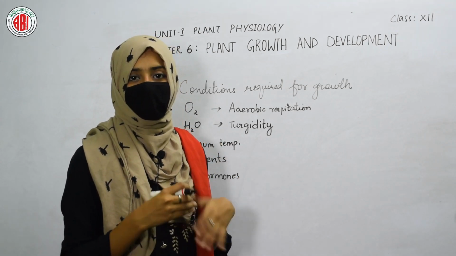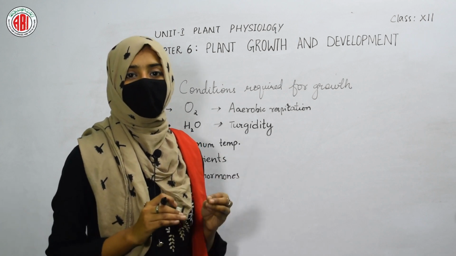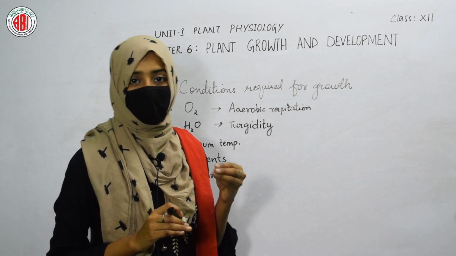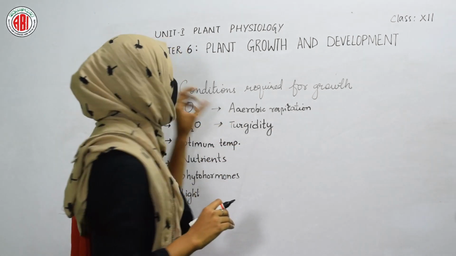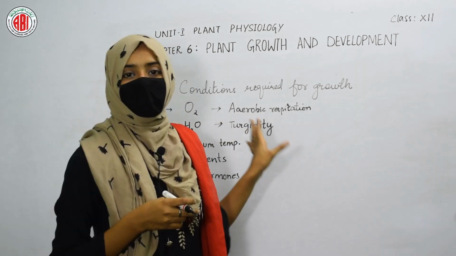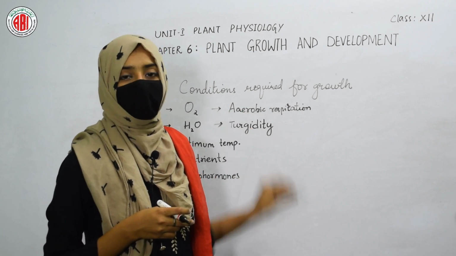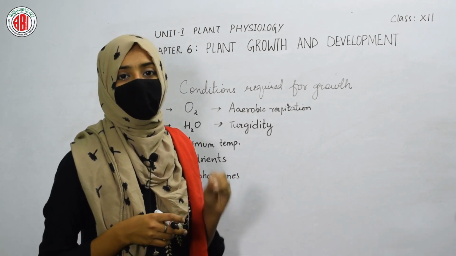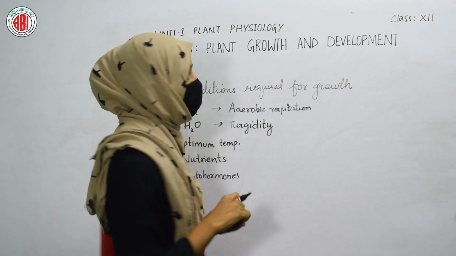After getting divided, in the cells the vacuole is present. That vacuole enlarges and elongates. The vacuole gets elongated due to the turgidity provided by the water molecules. In this way the plant cells become turgid, and the vacuoles of the plant cells become elongated. Then they enter the zone of elongation.